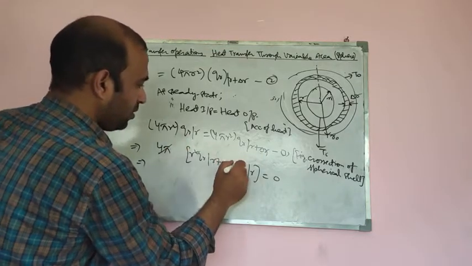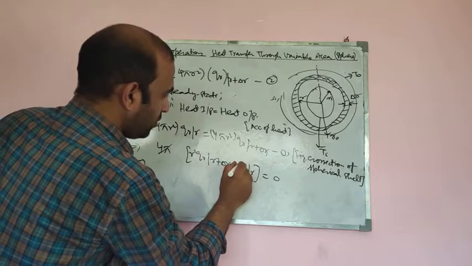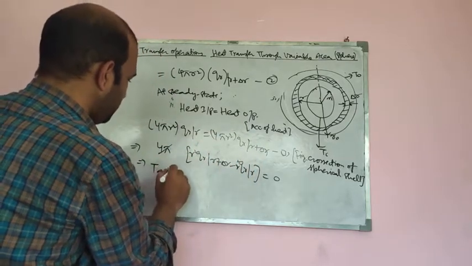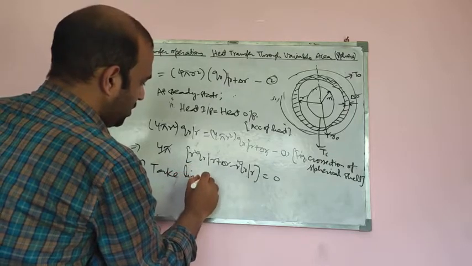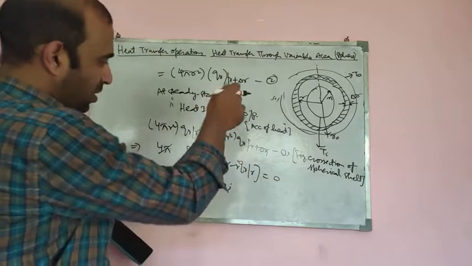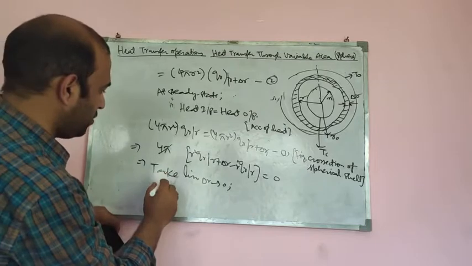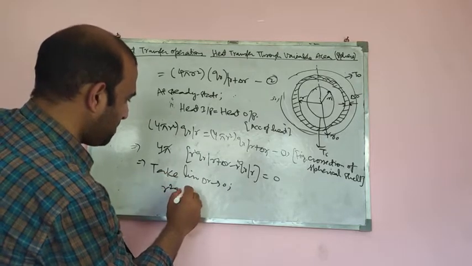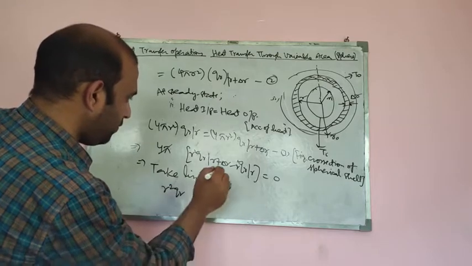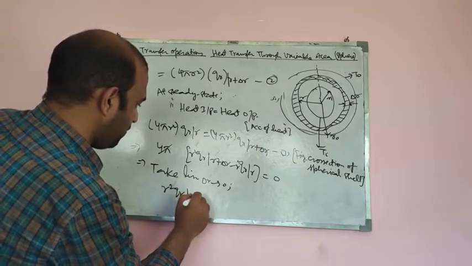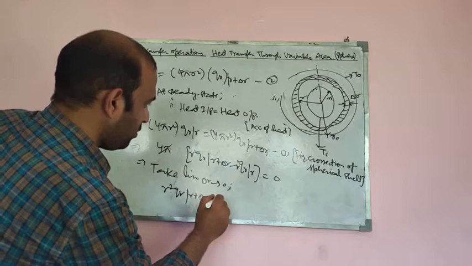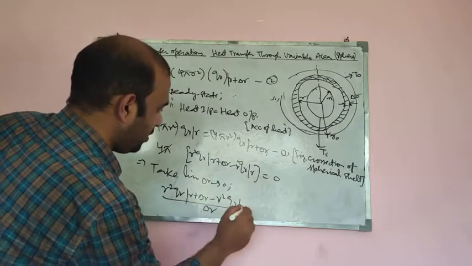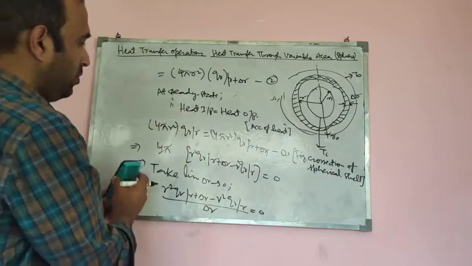So we then take the limit delta r tending to 0, and using the definition of the derivative we can write r square qr at r plus delta r minus r square qr at r, divided by delta r, must be equal to 0.